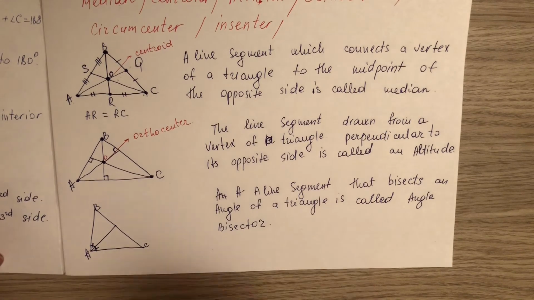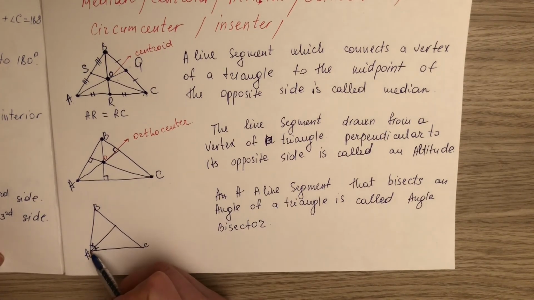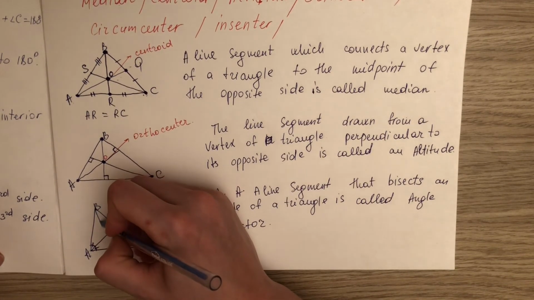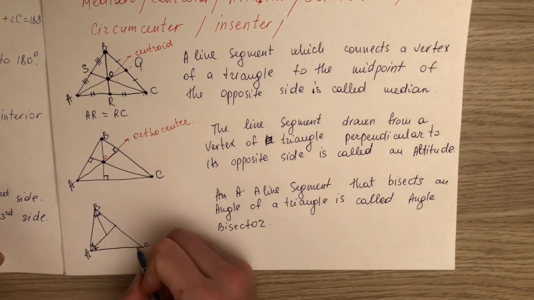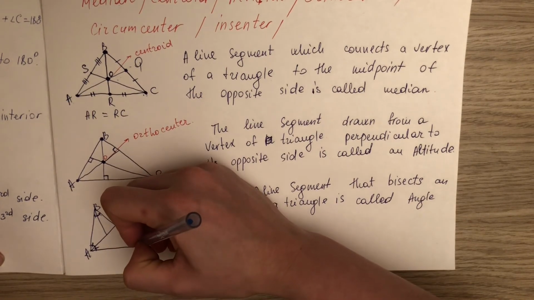So, as you see, there are 3 angle bisectors of any triangle. Okay, here also.